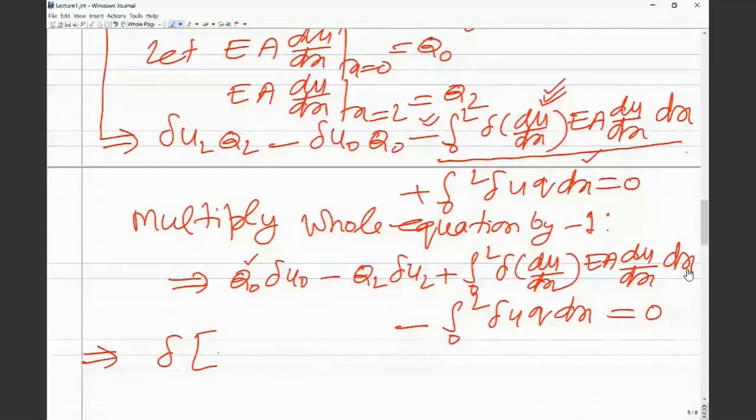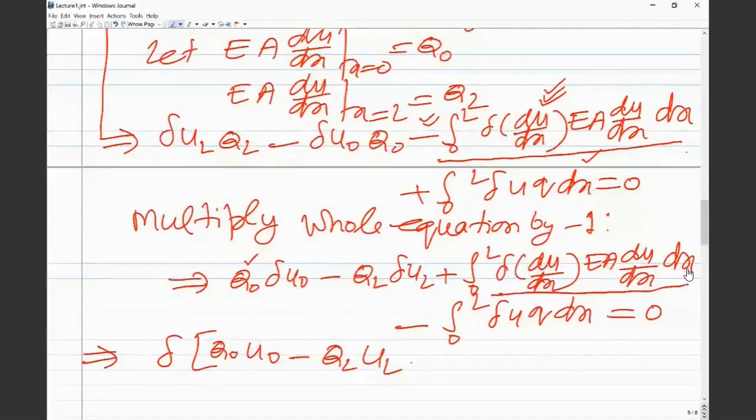When I take the delta common, I can write that as Q naught into U naught minus QL into UL. Similarly, in the second term, the variation is of the unknown variable u, so we have delta of du by dx. When we take delta common from this entire term, we will have half of integration 0 to L, EA into du by dx whole square dx.